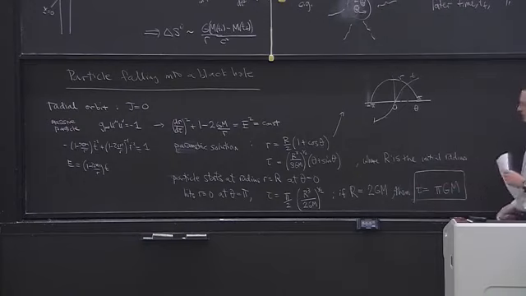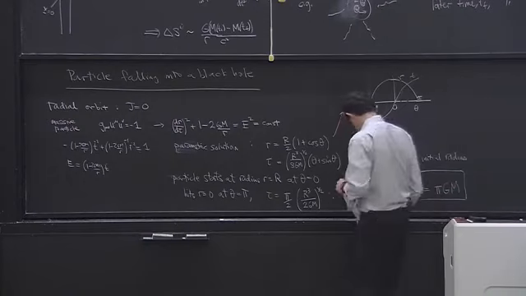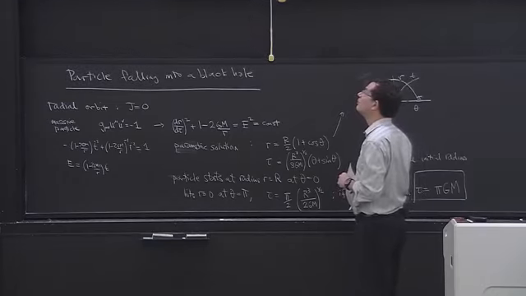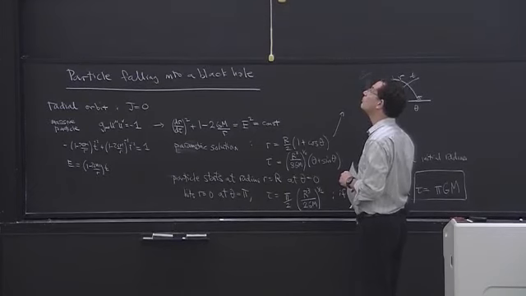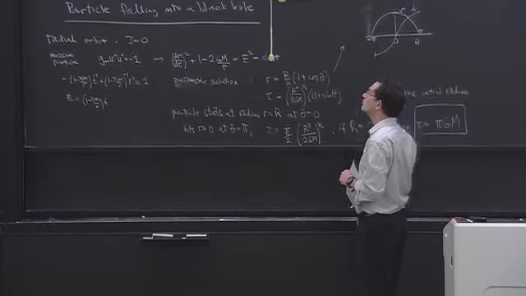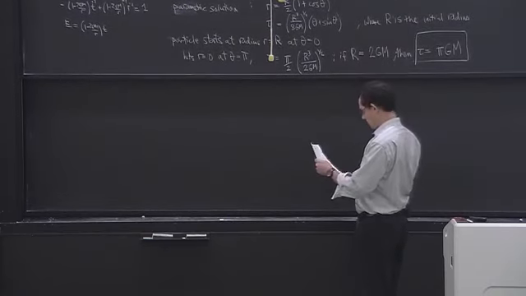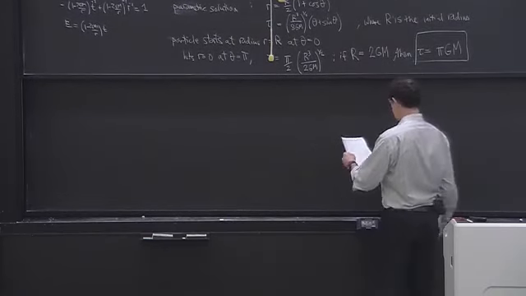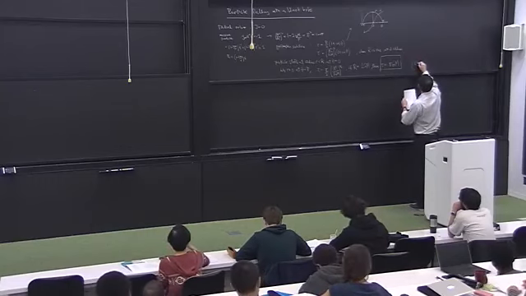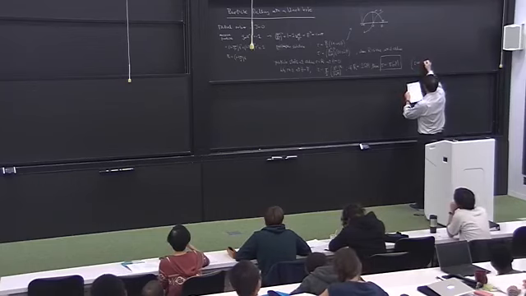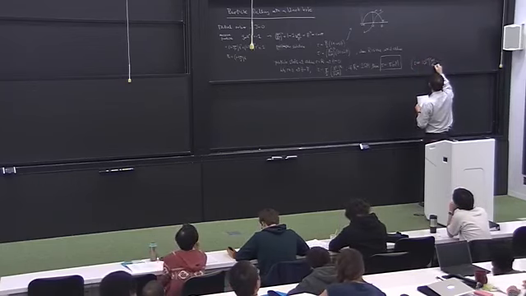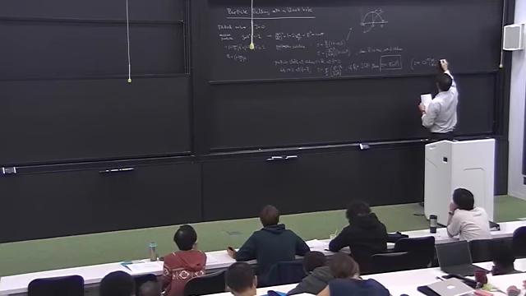Okay, so that's the time it takes you, the proper time it takes you to fall to the center of the black hole. And in units, tau is approximately 10 to the minus 5 times the mass of the sun seconds.